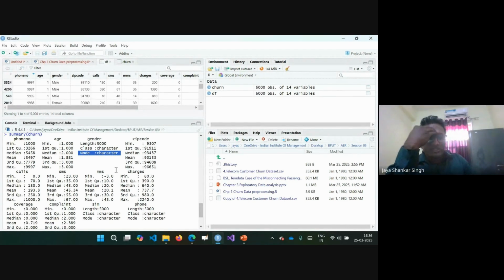First quartile is also known as the lower quartile. For the phone number, my first quartile is 3266. That means 25% of the phone numbers will be below 3266. Number of observations below 3266 will be 25%. Clearer?